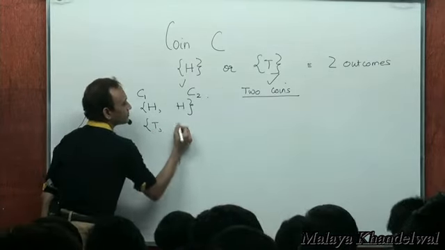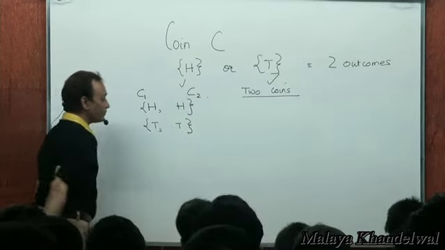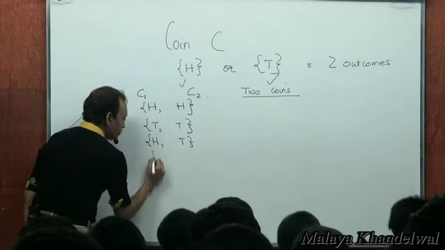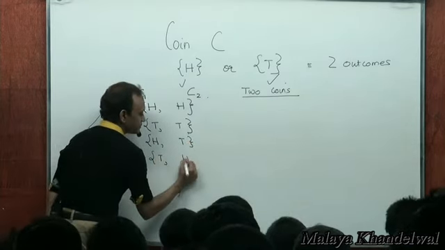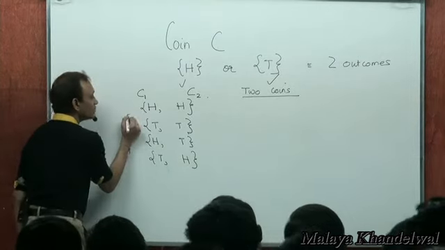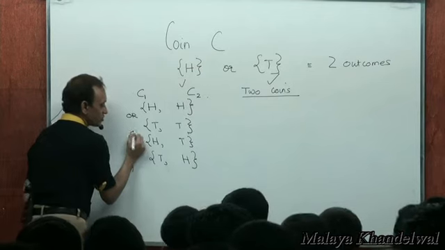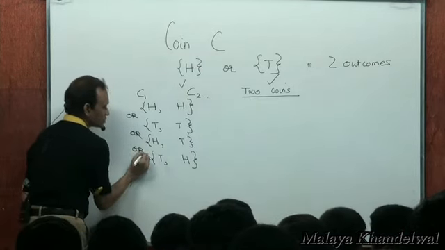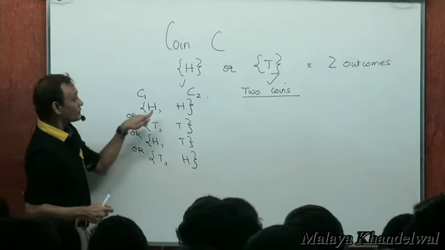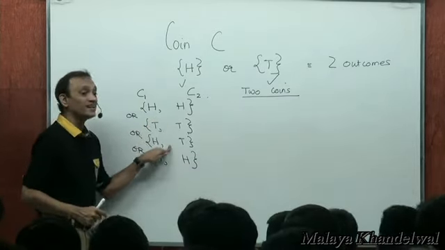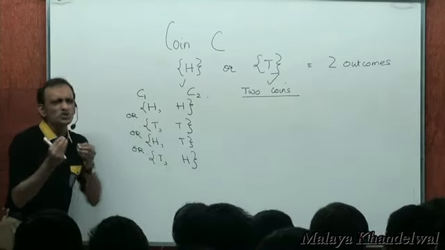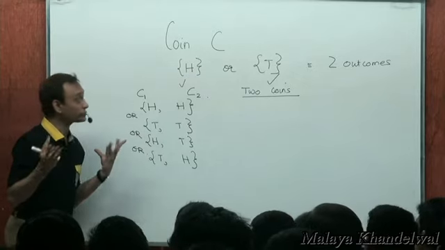Both tails, TT. The first head, the second one tail, or tail, head. So the outcomes are this, or this, or this, or this. These are the various outcomes, right? So then 1, 2, 3, 4. Four outcomes. This was small in magnitude, so easy to count.